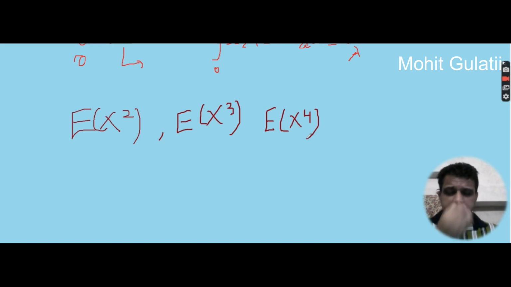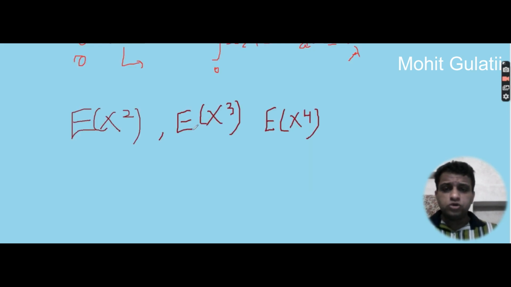In that situation, the integration will become very complicated and very time consuming. So we have been given this technique of the moment generating function, which saves our time and makes our work easy. Let me show you how to find the moment generating function of the exponential distribution.